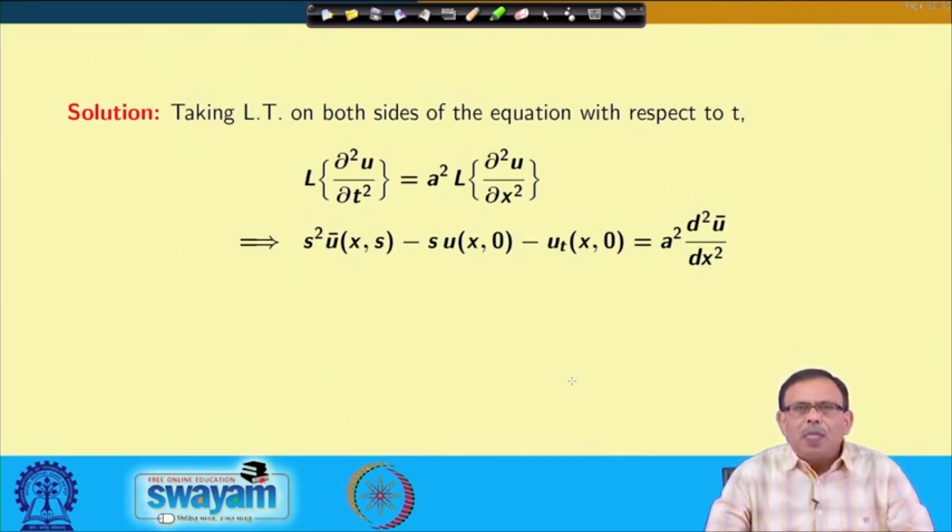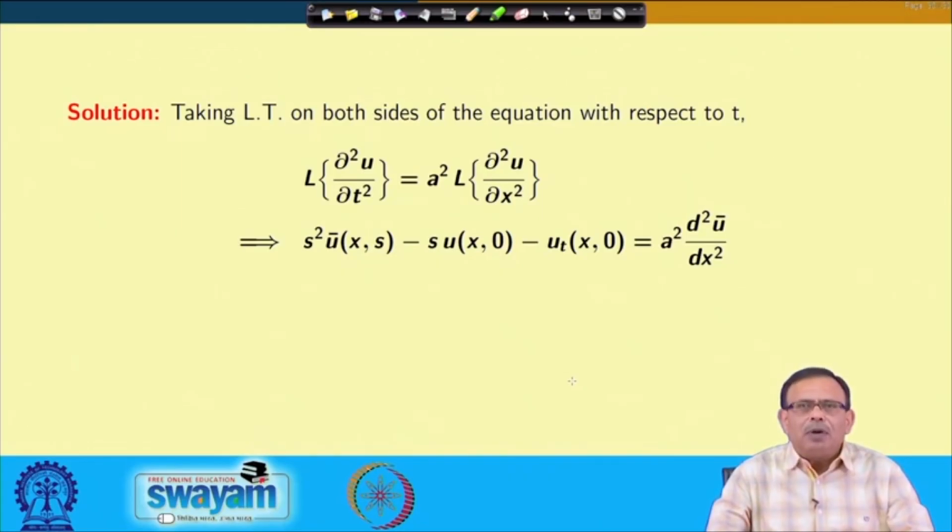This equals a square d 2 u bar d x square, since del 2 u del x square is there, and I am taking the Laplace transform with respect to t. Therefore, the Laplace transform of del 2 u del x square equals d square u bar by d x square, where u bar is nothing but the Laplace transform of u(x, t).